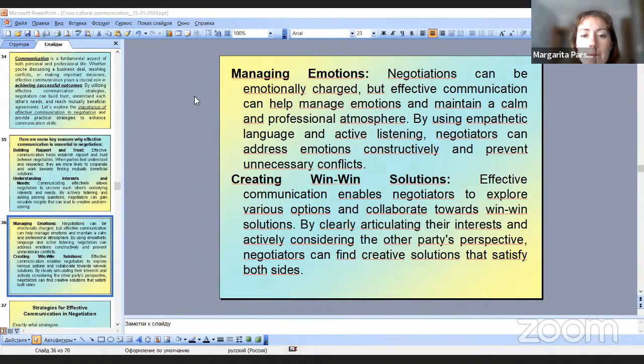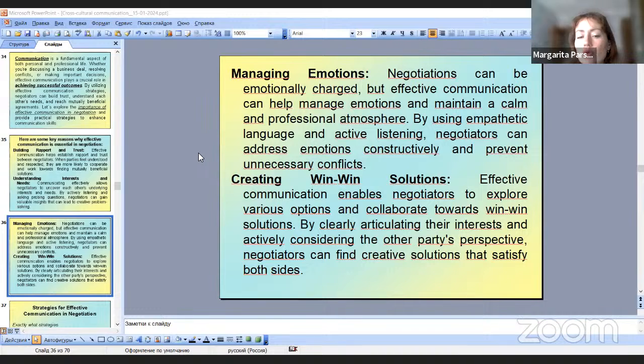So to come back to our slide, we just talked about managing emotions, then creating win-win solutions. When negotiators are enabled to explore various options and collaborate together, this collaboration leads towards win-win solutions.